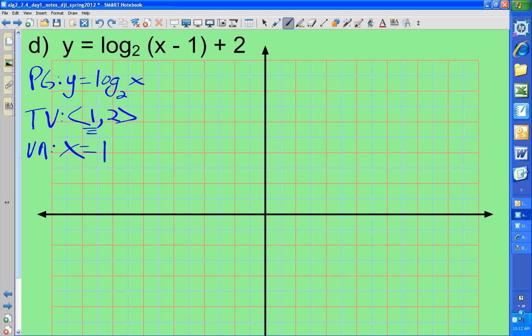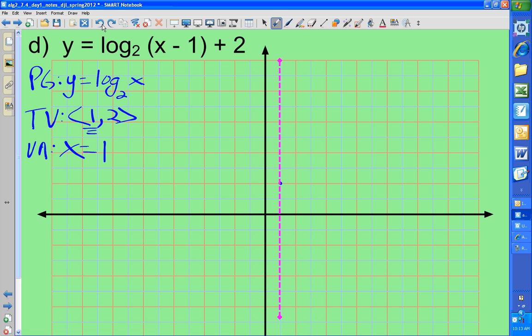So right 1 up 2, that's where I'm going to start. The first thing I should put is my vertical asymptote. There we go. From our translated origin, 1, 2, we're going to draw our graph.